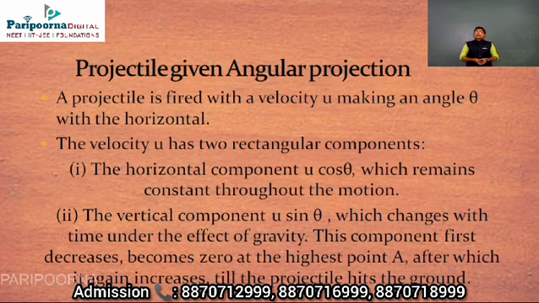Now here comes the projectile given angular projection. A projectile is fired with a velocity u making an angle theta with the horizontal. The velocity u has two rectangular components. One is the horizontal component u cos theta, which remains constant throughout the motion, and the next is the vertical component u sin theta, which changes with time under the effect of gravity.